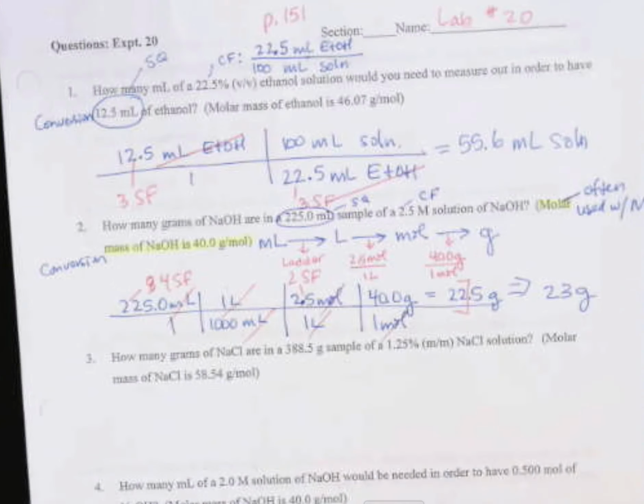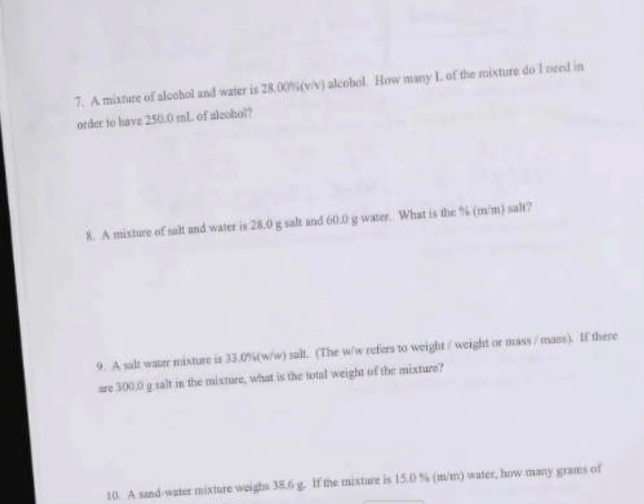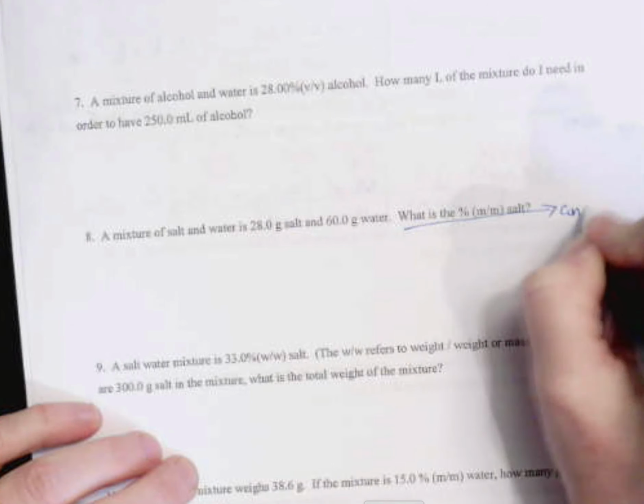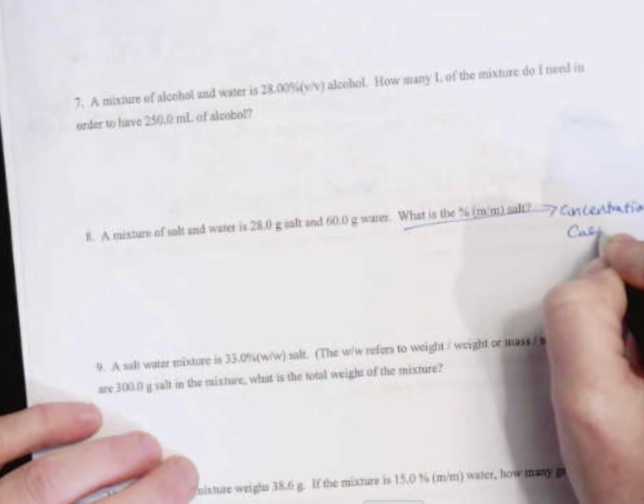I'm going to show you on the next page, so this is page 152. Let's work number 8 together. Okay, a mixture of salt and water is 28.0 grams and 60 grams of water. What is the mass percent salt? So you are asked for a concentration. This is a concentration calculation.